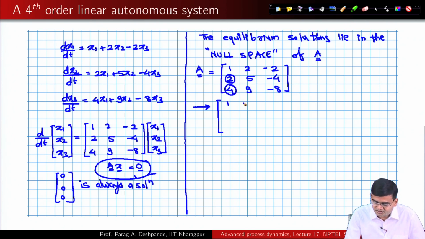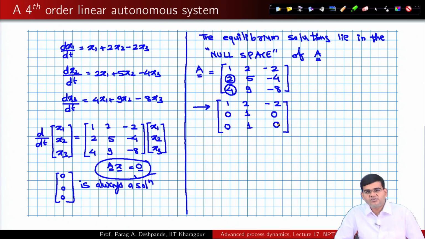So, I have 1, 2, minus 2. So, R2 minus 2 times R1 is 0, 5 minus 4 is 1, minus 4 plus 4 is 0. Similarly, R3 minus 4 times R1, 0, this becomes 1, this becomes 0, right.